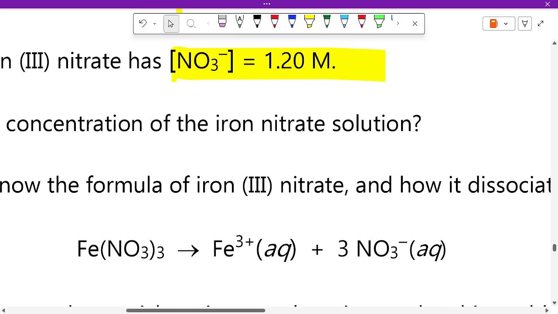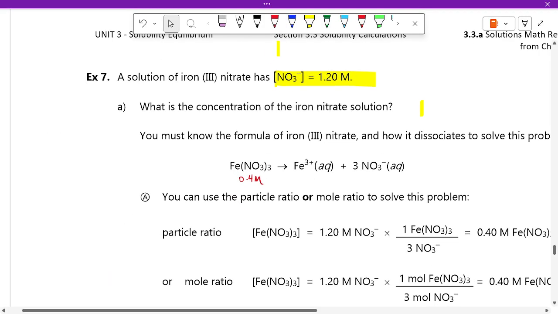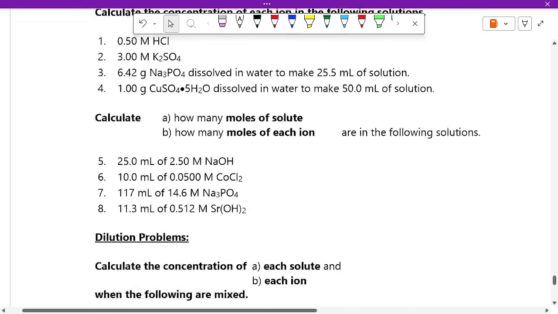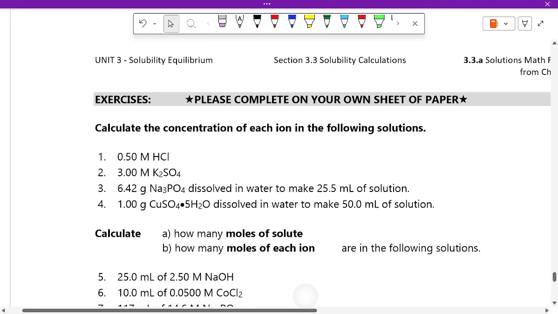What is the concentration of iron 3 nitrate? 0.4 molar. Are we good with that? Yes. Okay. Not much to it. You can show your work many ways. There's some exercises. Feel free to do them if you want to. Feel free to not do them if you don't want to.